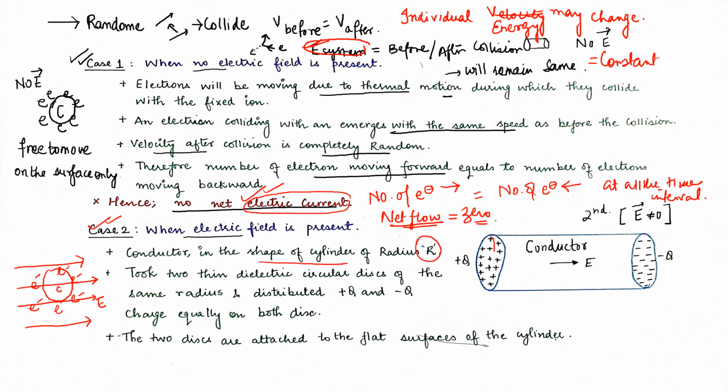This radius is r, from the center to the surface. Take two thin dielectric circular discs of the same radius, disc number 1 and disc number 2. See, this point which you can see over here is the disc we have attached. This disc will provide the electric field needed.